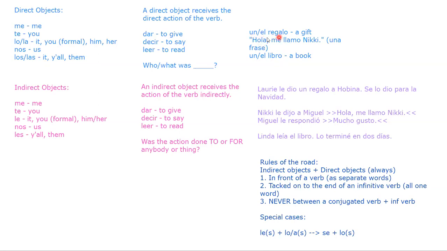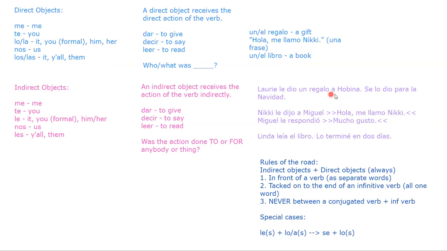I'm using the whole thing. I'm saying un regalo. So I don't need to go over here yet because I'm still spelling out exactly what it is. This, remember from my first line of this video, is when we need to refer back to something that we already know we're talking about. All right, so Lori gave a gift to Hobina. What she gave was the gift, but she gave it to Hobina.